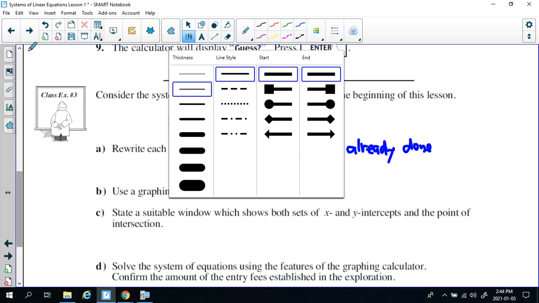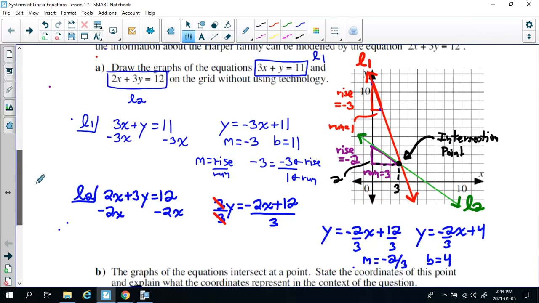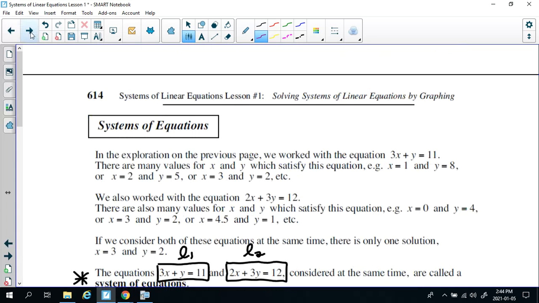Okay, because if we go back to the first example, when I plotted the graphs, I put them in y equals mx plus b form, okay? So equation 1 was y equals -3x plus 11, and equation 2 is y equals -2 over 3x plus 4. So let's just rewrite those equations out. So we'll go back over here.